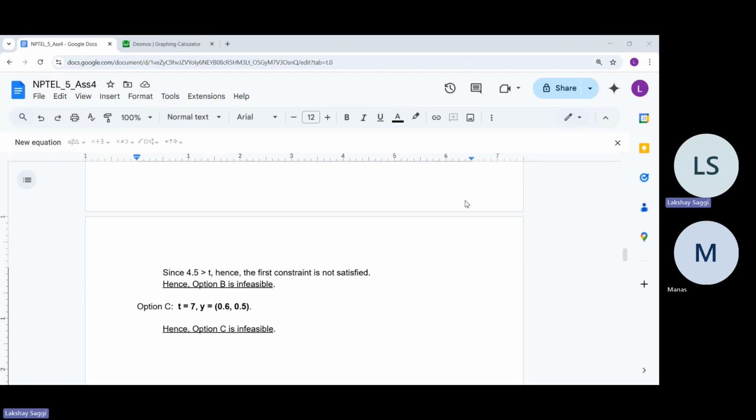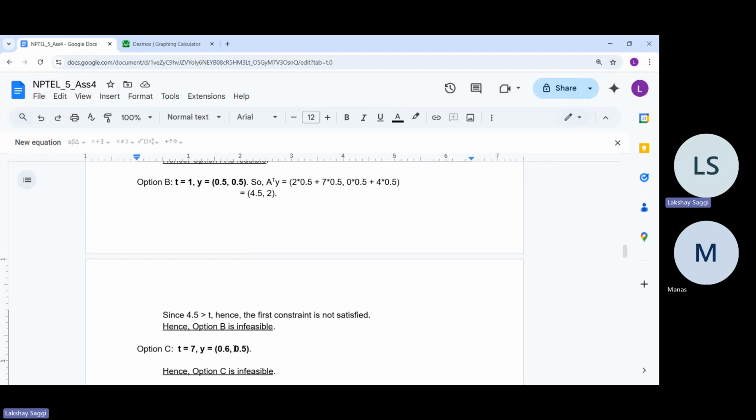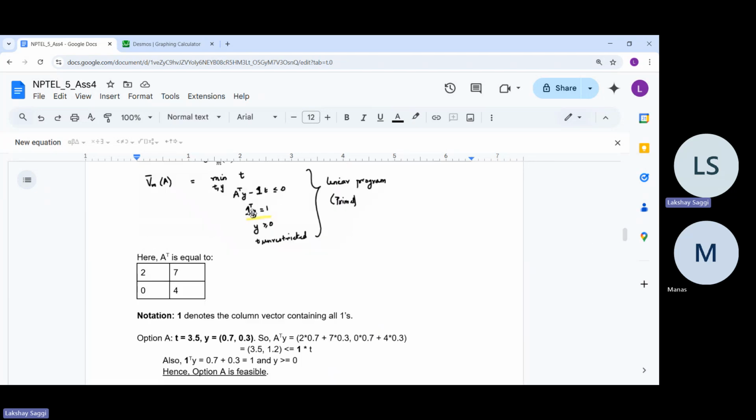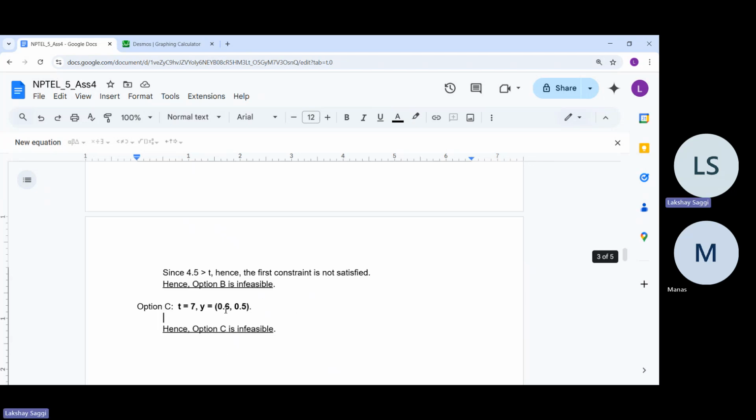Okay, so Manas is typing something in the chat. Yeah, it is outside the constraint, that's right. But I was explicitly asking which constraint does it not satisfy? But never mind, maybe I just say it straightforwardly. So note that one of the constraints said that the sum of all the y values should be equal to 1. But here you can really see that the sum of the y values is actually equal to 1.1 and not equal to 1.